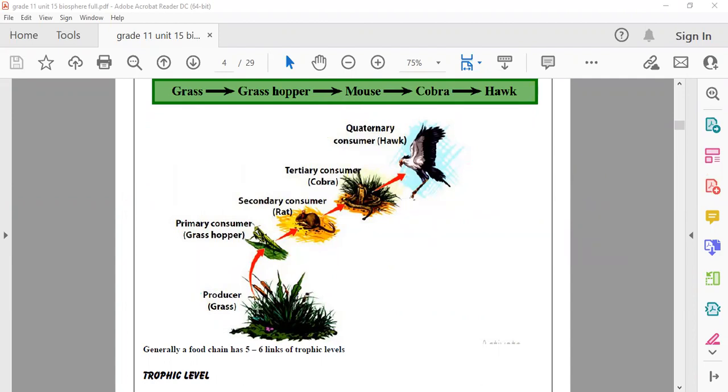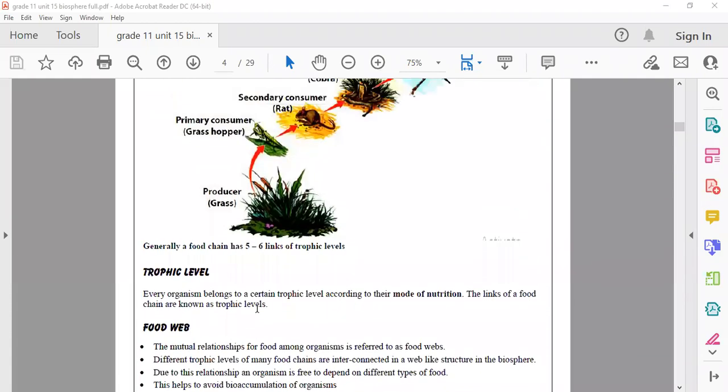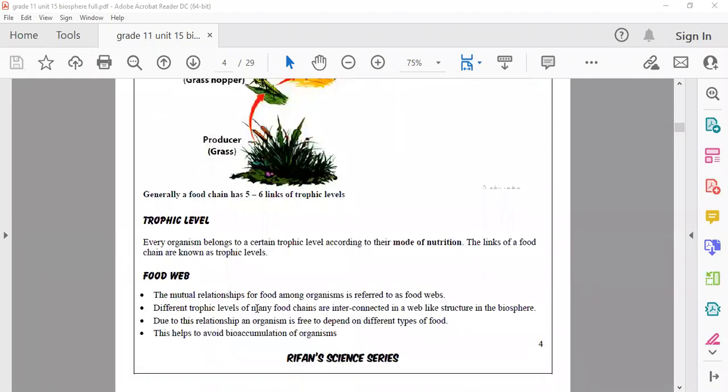And thereafter, we are coming to the trophic level. Children, trophic level means organisms with the same mode of nutrition collectively take a level, and that is called a trophic level. For example, all the producers are one level.